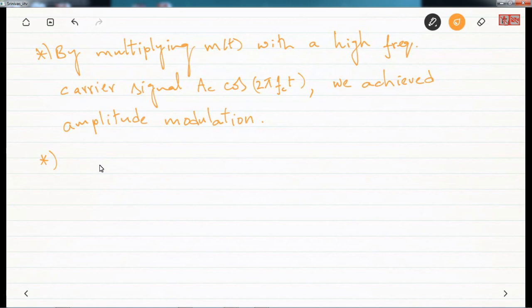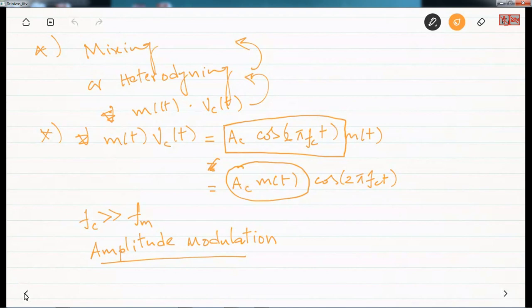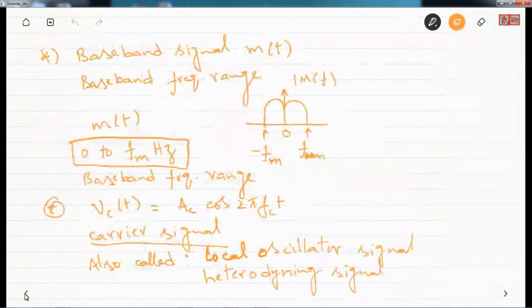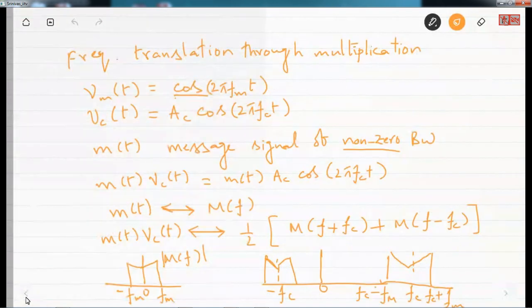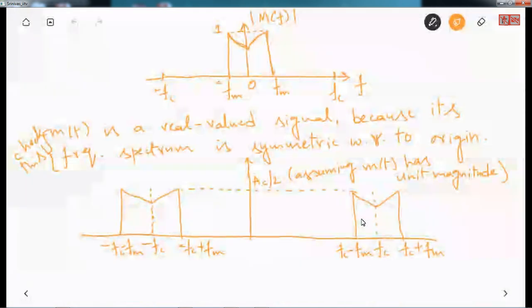Let me go back to the previous slide rather than drawing this diagram again and again. Sorry for that.